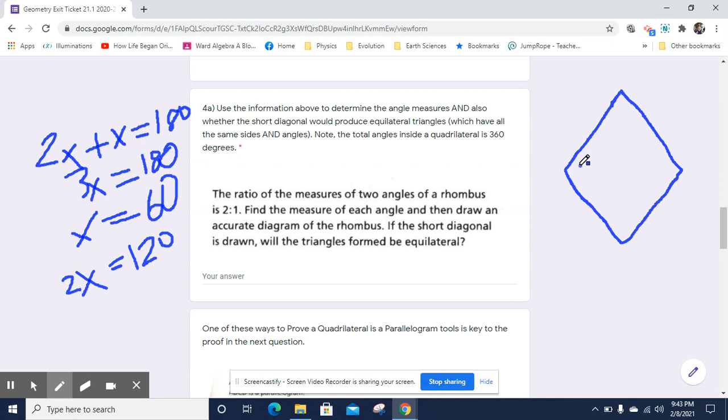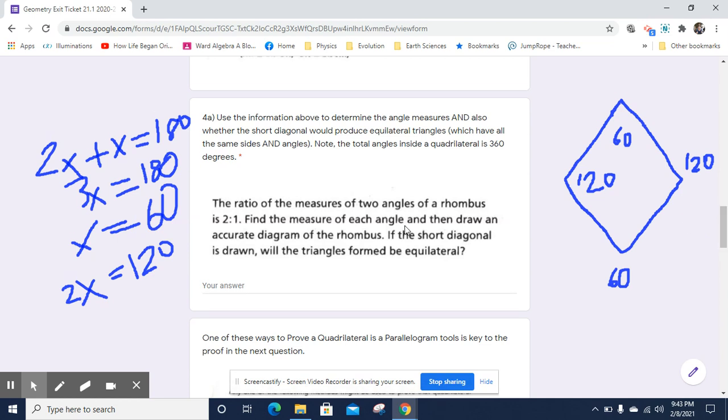So then this angle is 120, and this one is 60. 120, I'll write it out here because it'll be a little easier, and 60. Okay, now here's where some of the properties of a rhombus come into play. So we're going to be drawing diagonals. We're going to draw these.